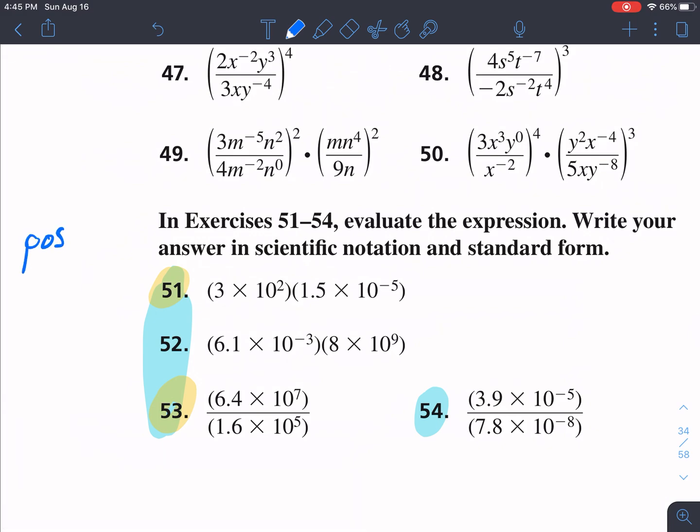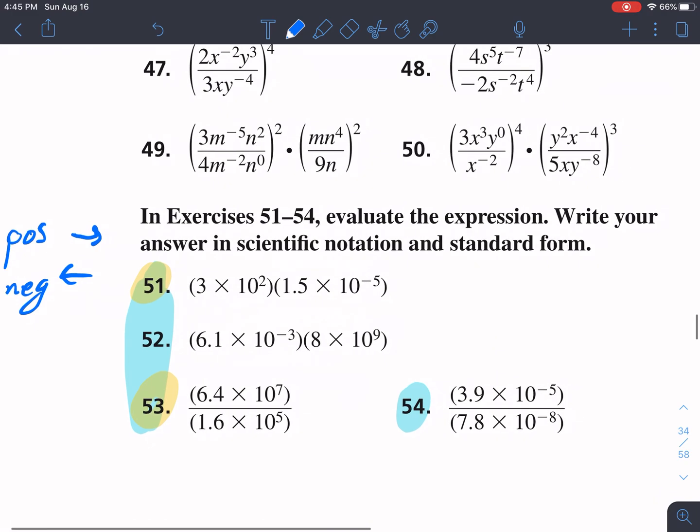Positive, you move to the right. If the exponent's negative, you move to the left. Now here, my recommendation for how to do these is instead of doing it this way, I'm going to have us stack them. So I'm going to do 3 times 10 to the second, and then 1.5 times 10 to the negative 5.